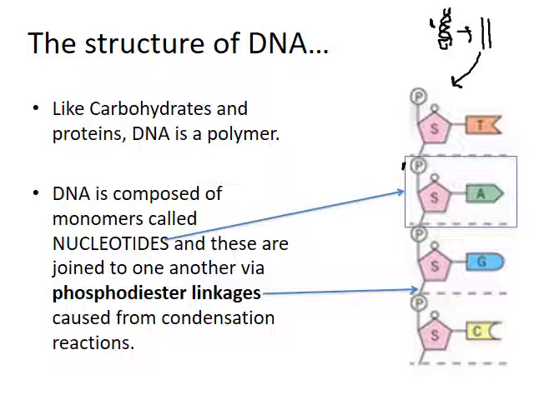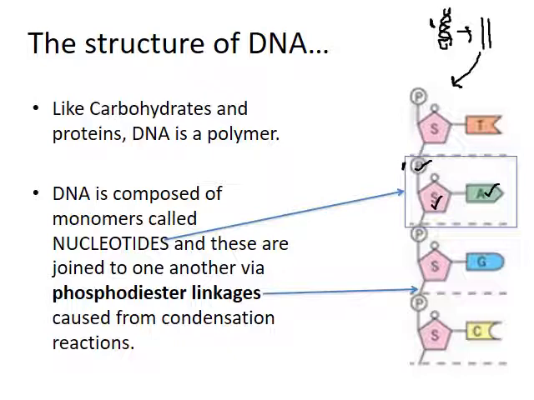So one nucleotide has a sugar, and this is DNA, so it's a deoxyribose sugar. It has a phosphate, and it has a nitrogenous base. And in this case, because it's got the letter A, I know that that base is adenine. So a nucleotide has a sugar, a phosphate, and a nitrogenous base.